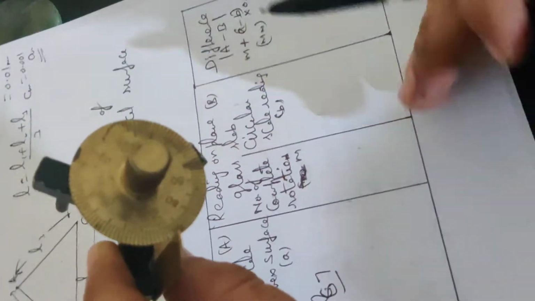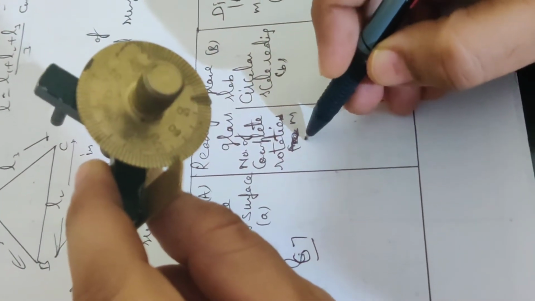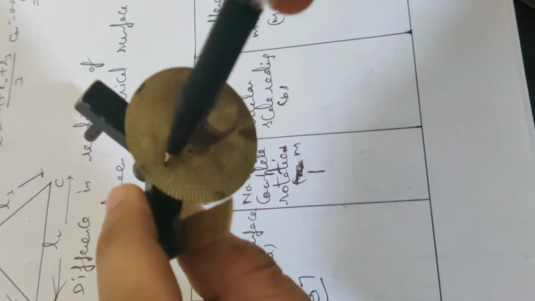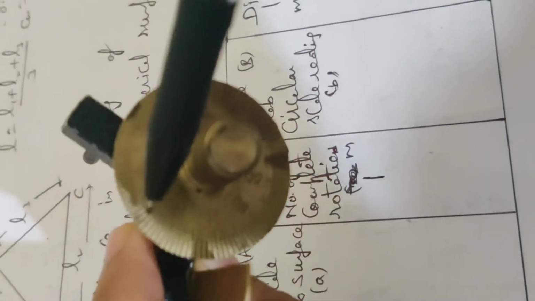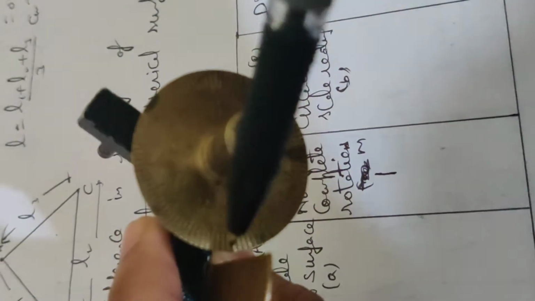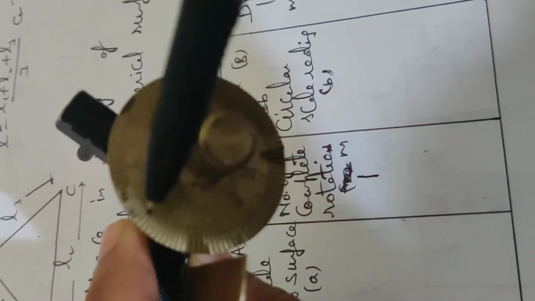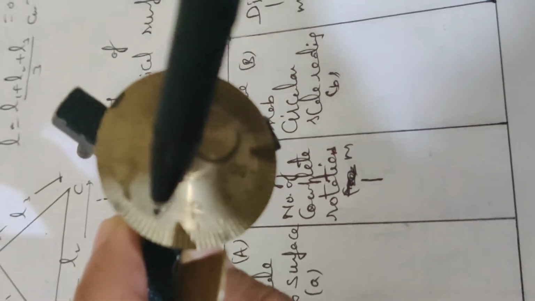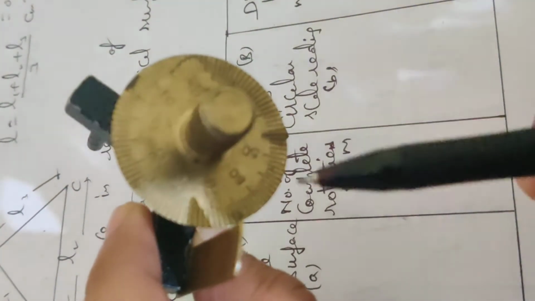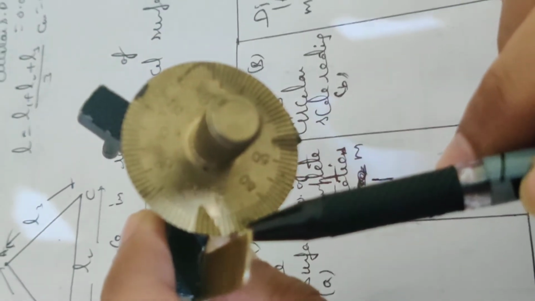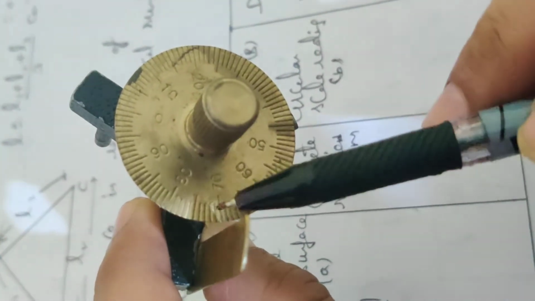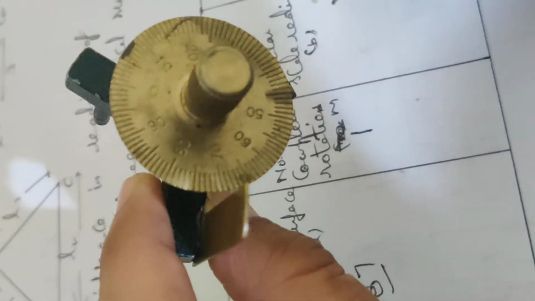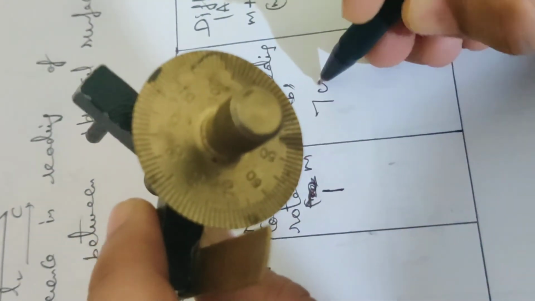So it has made one full rotation as it came to 87. Again it has traveled some more divisions. How many more divisions has it traveled? Now it is at 70. It means 87 minus 70, which is 17. So this is circular scale reading 70.